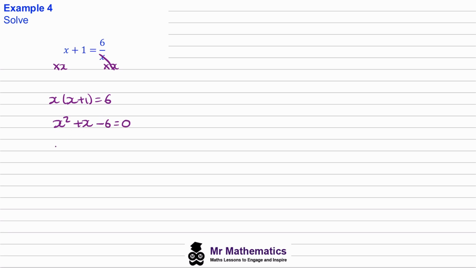And then we can factorize this. We need the factors of negative 6, and they must add to make positive 1, which we have here. So it'll be x minus 2 and x plus 3. So our solutions will be x equals 2 and x equals negative 3.